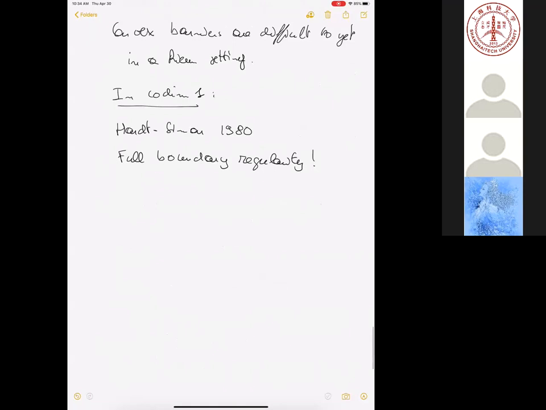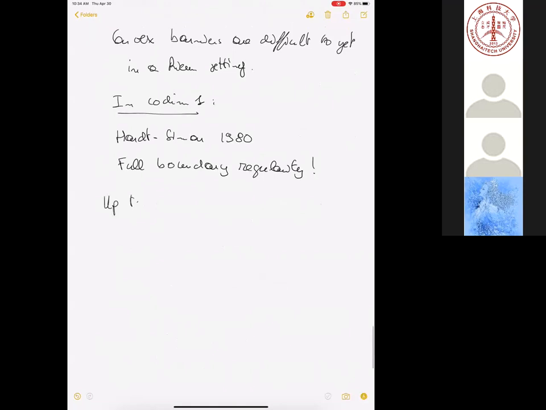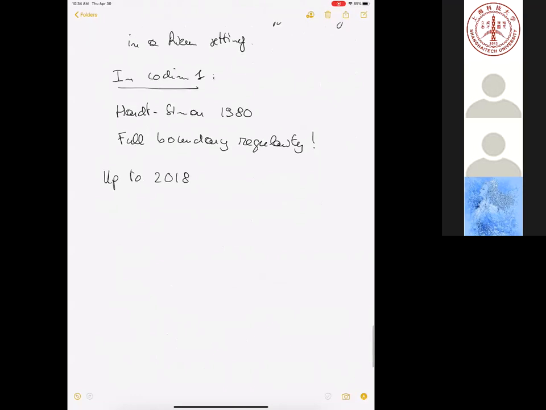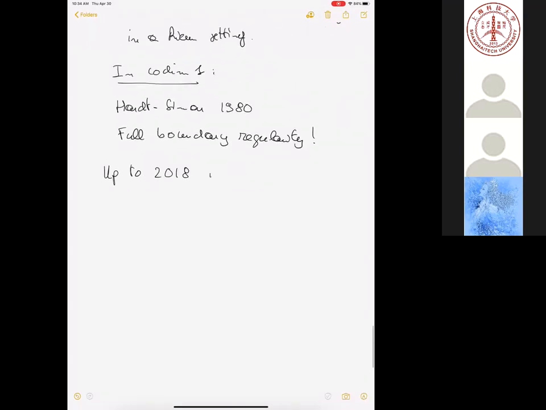Okay, and so up to our work, which actually is on the web since 2018, in higher codimension, it was still open whether a single regular boundary point exists.